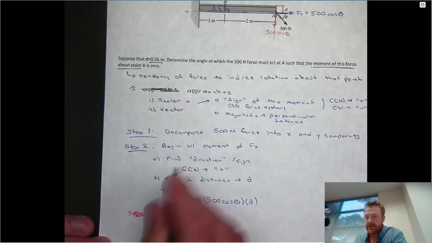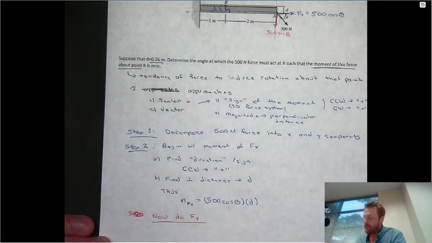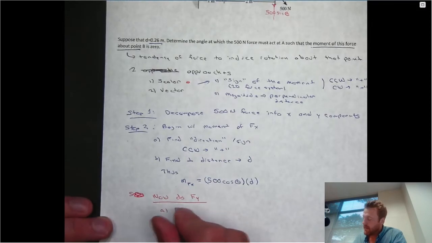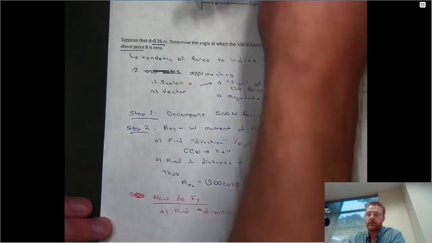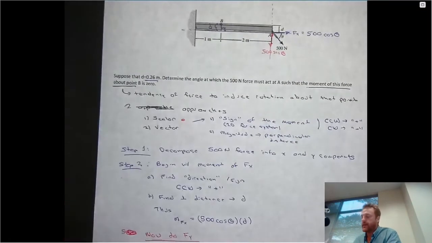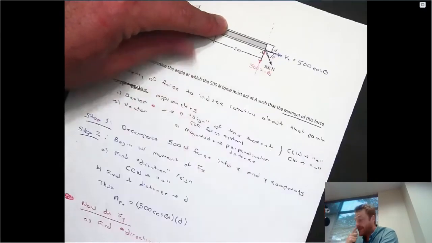Since this is all in the same step, I'll say now let's do Fy. Let's use that same kind of logic. Let's begin by finding the direction, or the sign, that describes whether the rotation caused by the y component is clockwise or counterclockwise. So again, I'll pin at point B and I'll pull my paper in the direction of the y force. And this is why you actually don't add the negative in here.